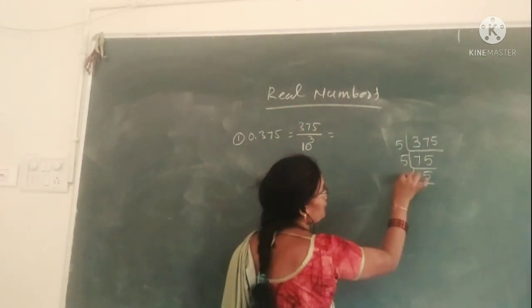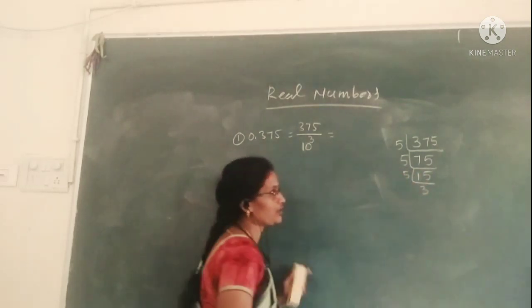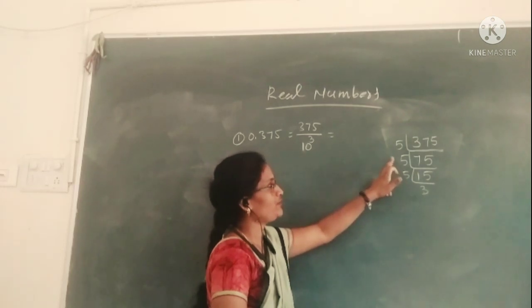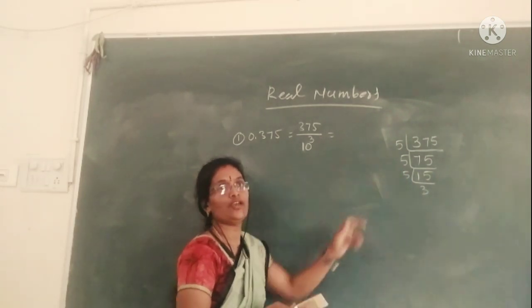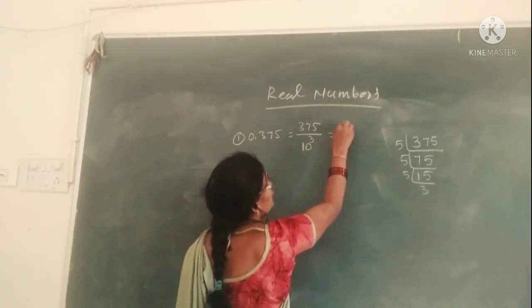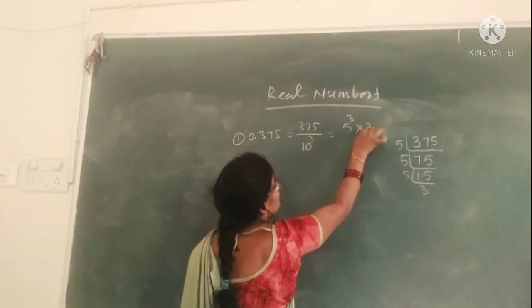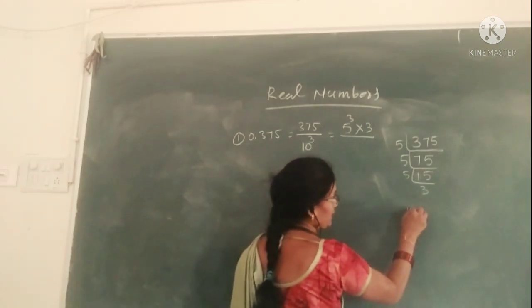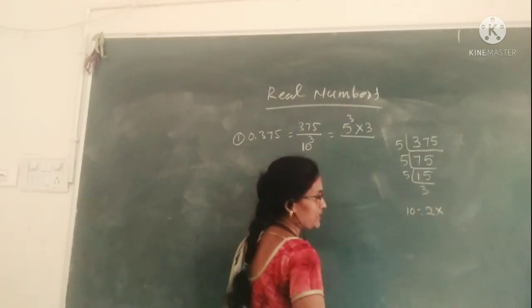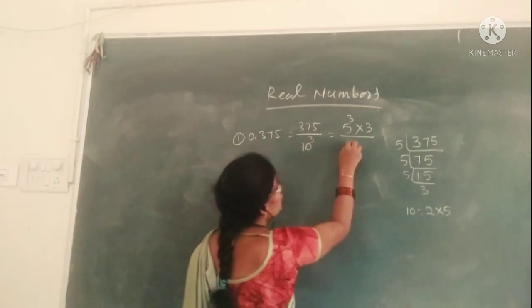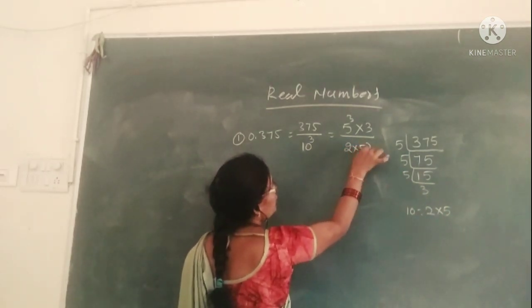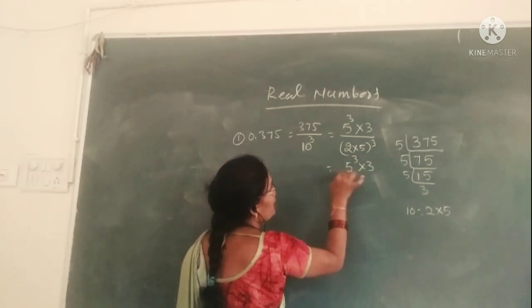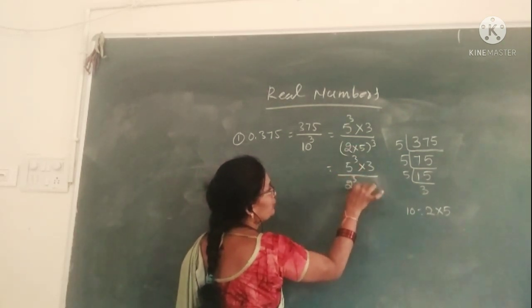So 5 into 5 into 5, which is 3 fives, that is 5 to the power of 3. Then 10 is 2 into 5, so 10 cubed is 2 into 5 whole cube. So we get 5 cube into 3 by 2 cube into 5 cube.